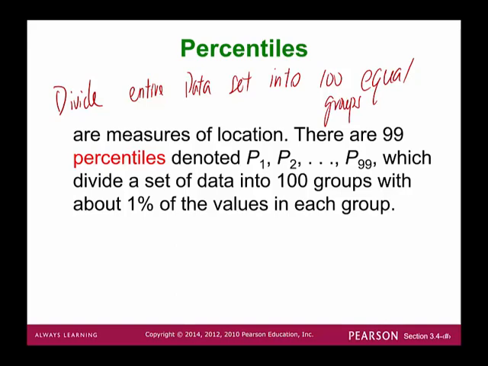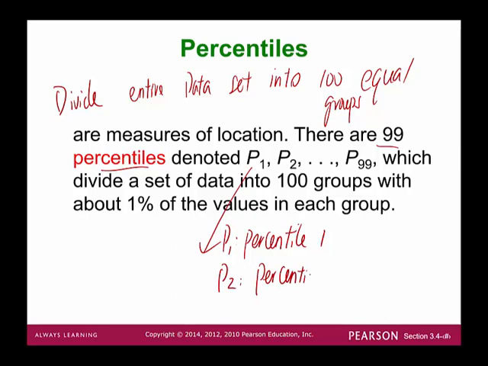There are 99 percentiles denoted this way: P1 represents percentile 1, P2 represents percentile 2, and P99 represents percentile 99.